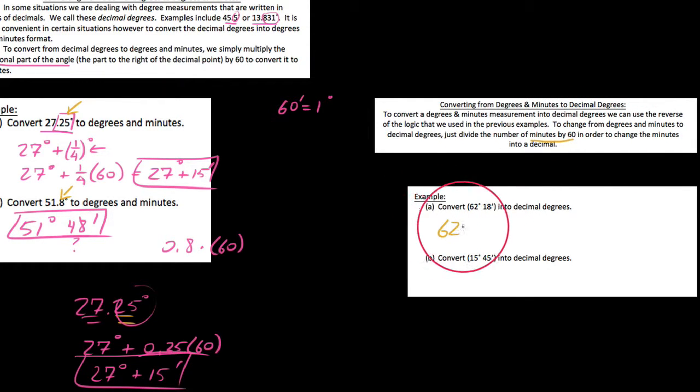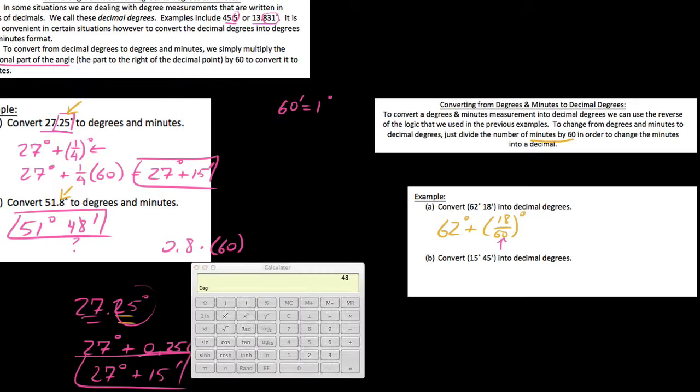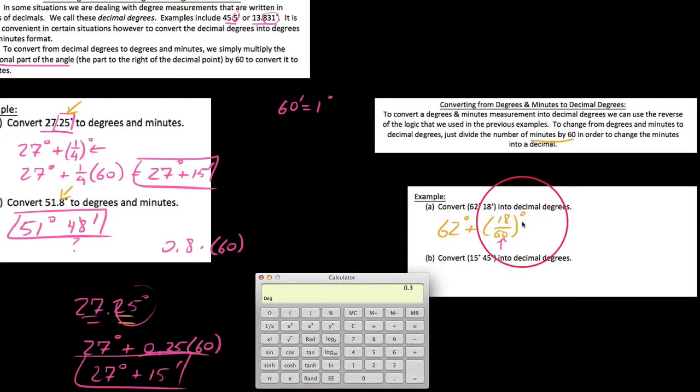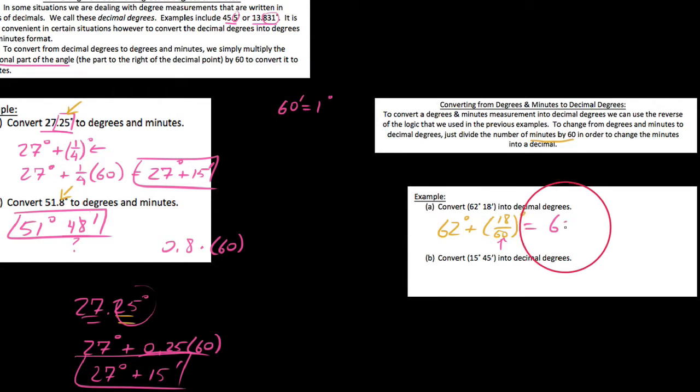So for something like this, here's what we know. 62 degrees and 18 minutes is the same thing as 62 degrees and 18/60ths of a degree. So if I wanted to change this to a decimal, this is just a fraction. We could just grab our calculator and divide 18 by 60 and get 0.3. So this would be the same thing as 62.3 degrees here.